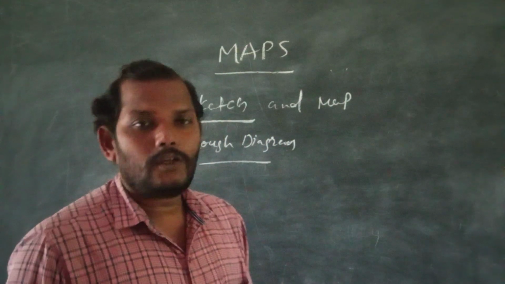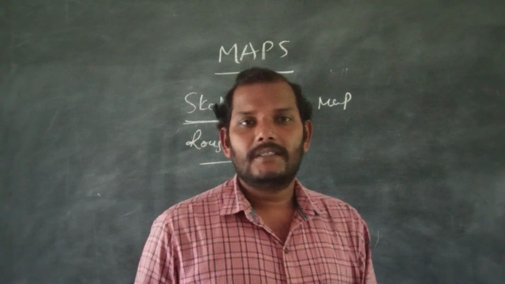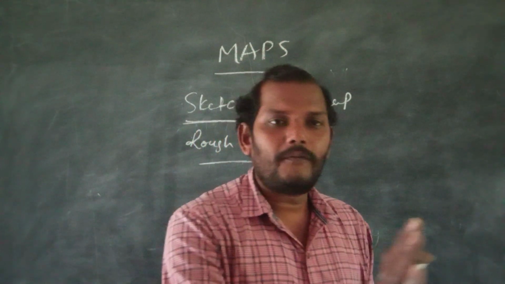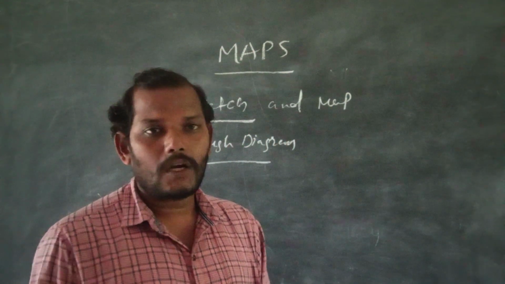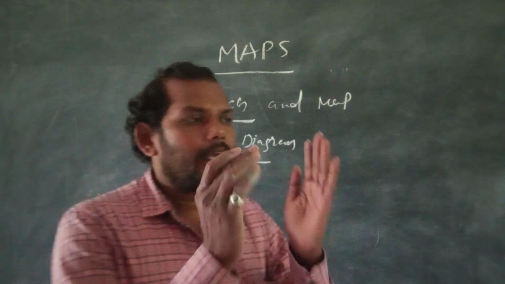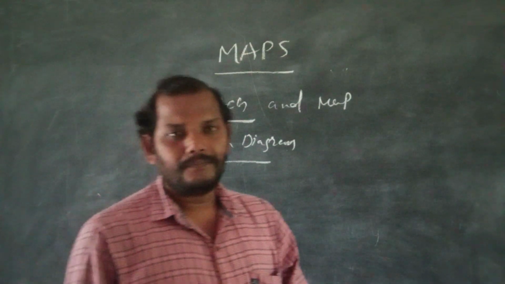He wanted some information about the house. Immediately Mohan drew the route map of his village or home. The route map of the village, that means how to reach the village or the home.